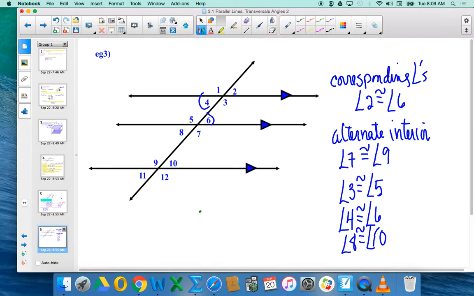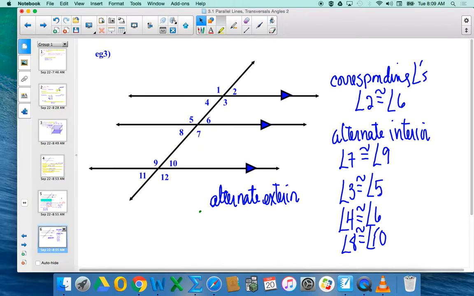Everybody? Alright, so now let's talk about alternate exterior. Alternate exterior means on the outside of the lines on opposite sides of the transversal. So alternate exterior, angle 1 would be alternate exterior with what angle? 12. Or 2. Let's just go with 7.